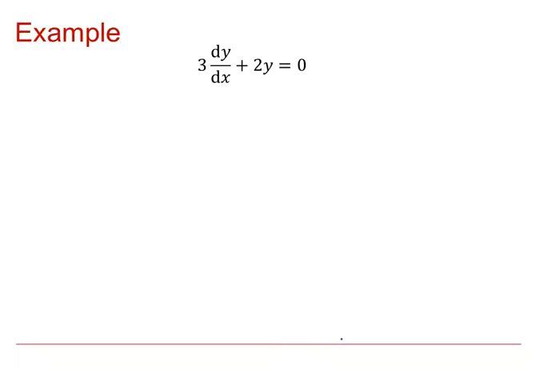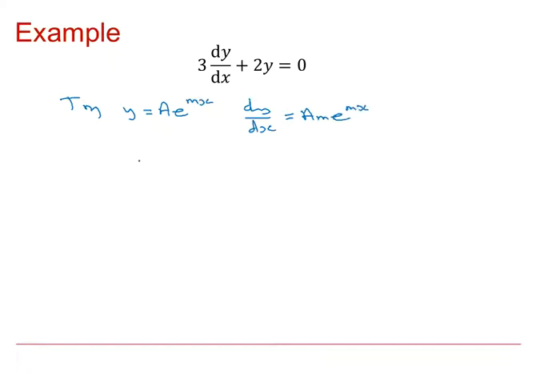So here we have the first order linear differential equation 3 dy/dx + 2y = 0. This time I'm going to try y = Ae^(mx) as my potential general solution, in which case dy/dx would be Ame^(mx), a little chain rule there.